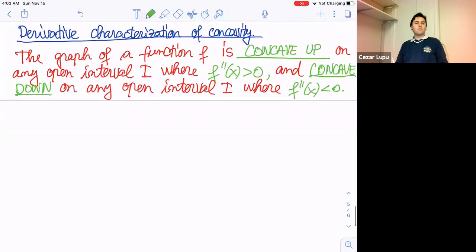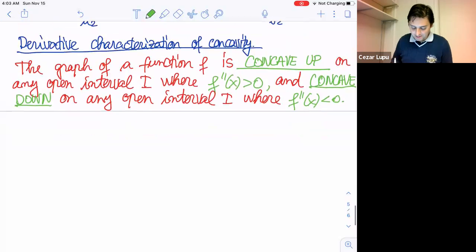So that's the derivative characterization of concavity. And I would like to show you an example of this. In fact, we would like to continue with the first example. So let's go back to the example.